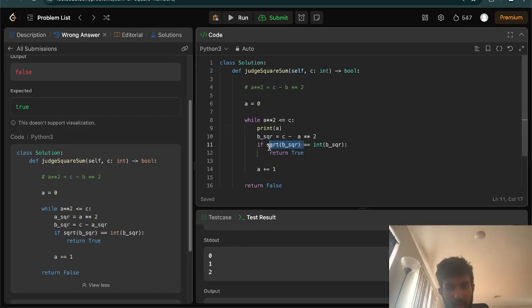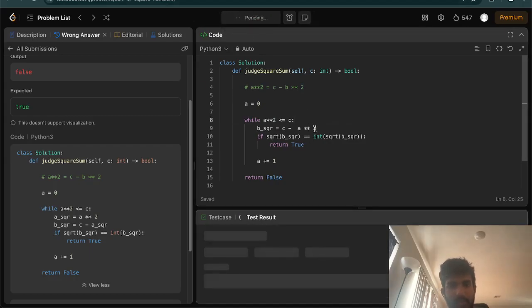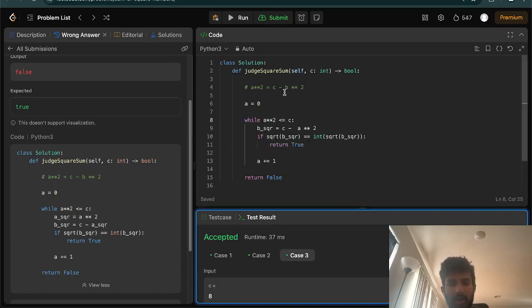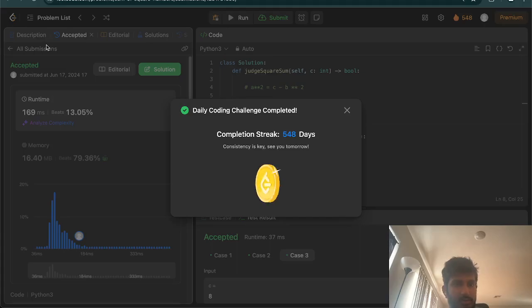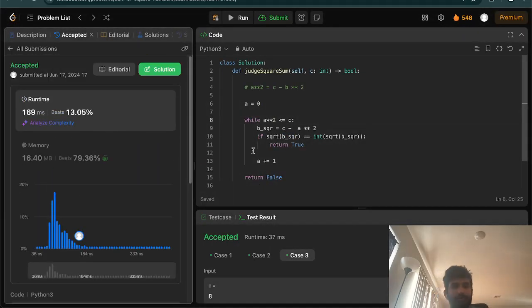Wait, what? I'm not even sure how that worked in the first place, but LeetCode being LeetCode, I guess. So yeah, it did work.